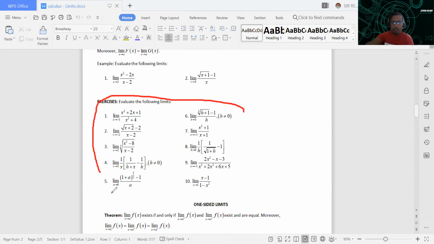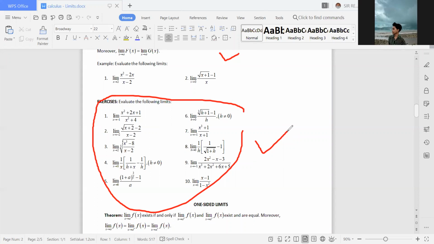There are problems here that use this theorem, and there are problems that only use what we discussed today. Just try to answer 1 to 10 and we will answer them again tomorrow. Okay? Any questions so far? None, sir.